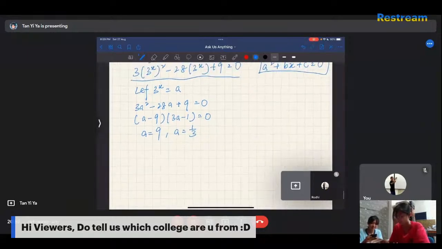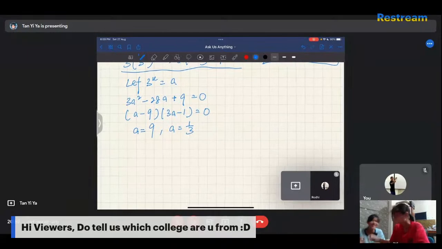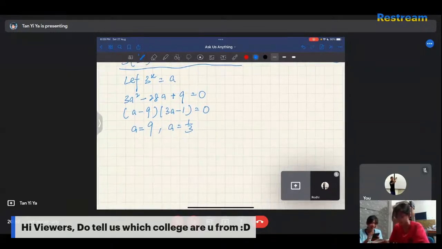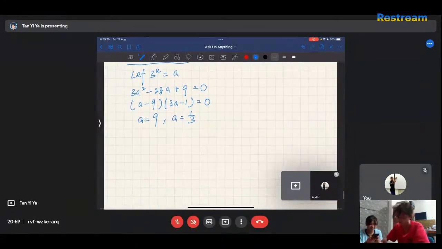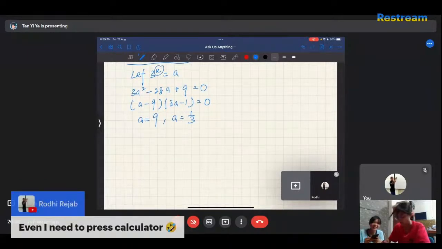So have you done it? No, we haven't done it. So we have to find the value of x. Substitute it. 3 to the power of x equals 9, and also 3 to the power of x equals 1 over 3. As we know that 9 equals 3 to the power of 2, just compare it. The x will be 2.